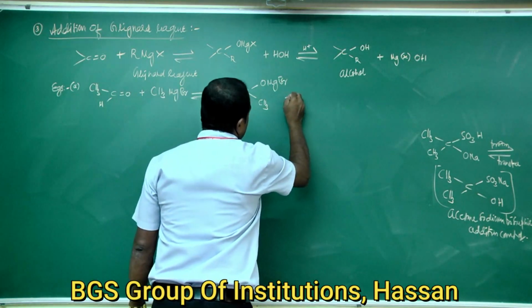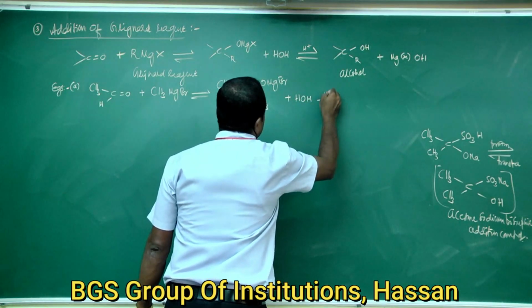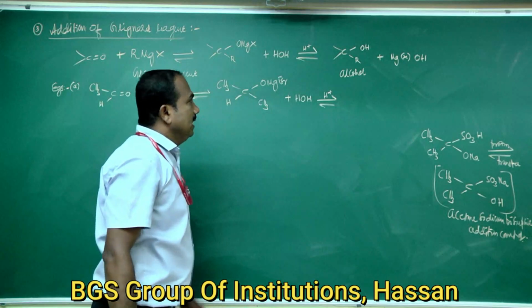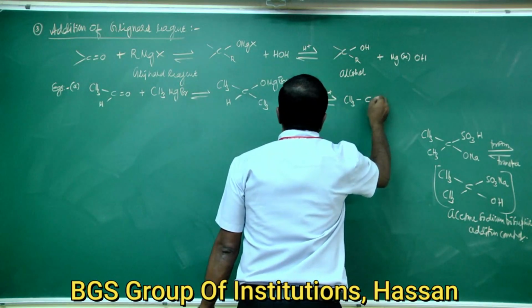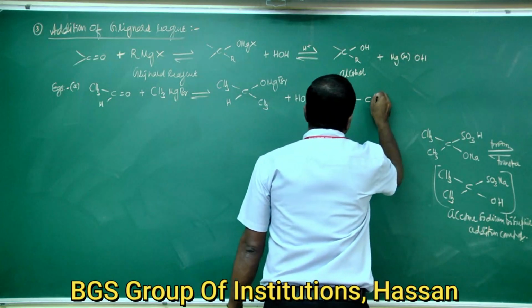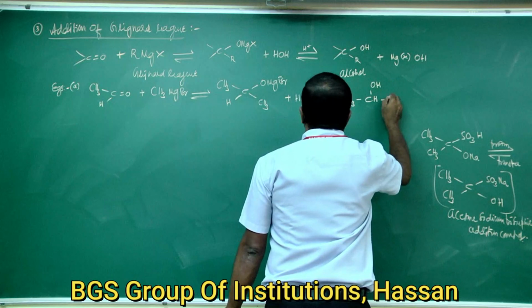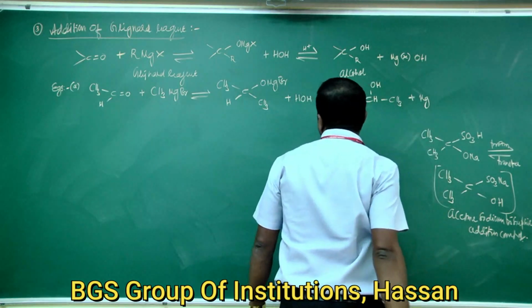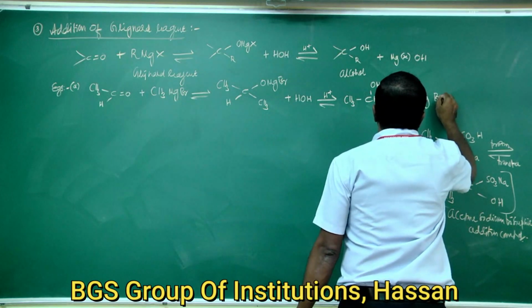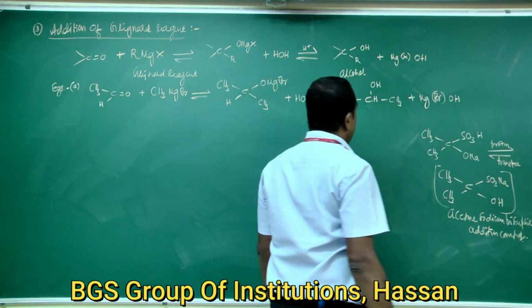This on hydrolysis in the presence of dilute acid gives the final product, that is CH3-CH(OH)-CH3 plus Mg(Br)OH. This is alcohols.